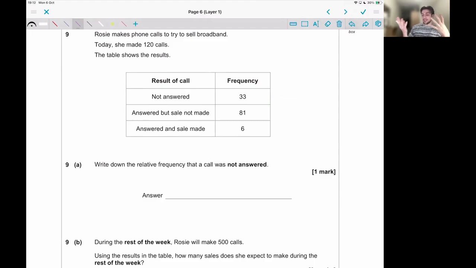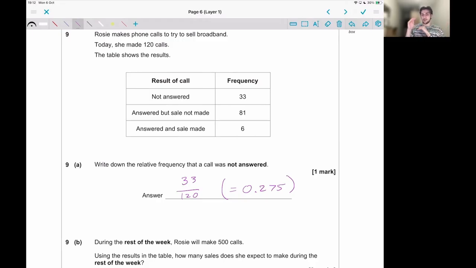So how do we relate them? We're going to use fractions. So 33 divided by 120, which you could also work out as a decimal, 0.275. Either answer is correct. It's 1 mark, don't need to overthink it.